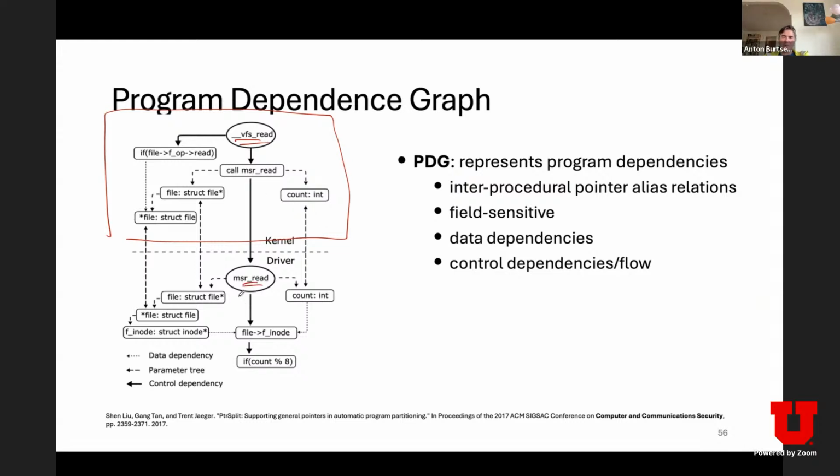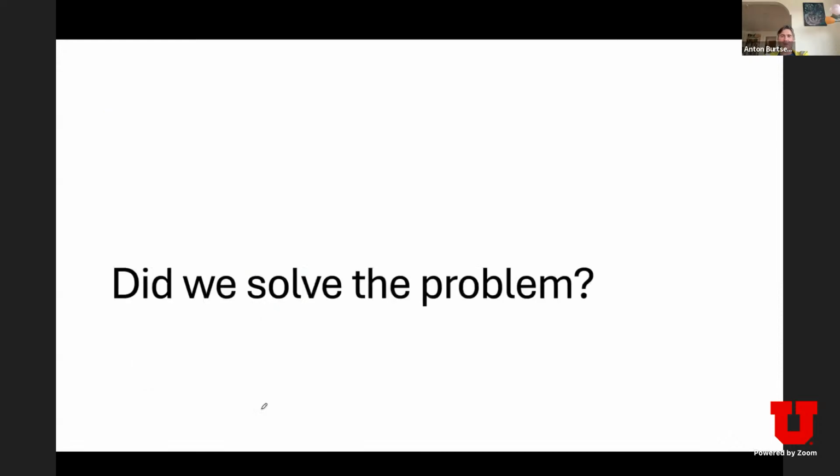And when the data structure is passed across, you can stitch them in a graph, making sure that you can reason about the kernel globally, right? So this technique allows us to scale the static analysis to the size of the kernel. The original paper was done by my co-authors, and it's called PtrSplit, which advocates for these techniques as the way to scale static analysis. So that's pretty cool.